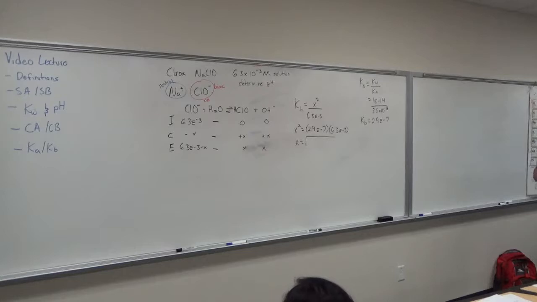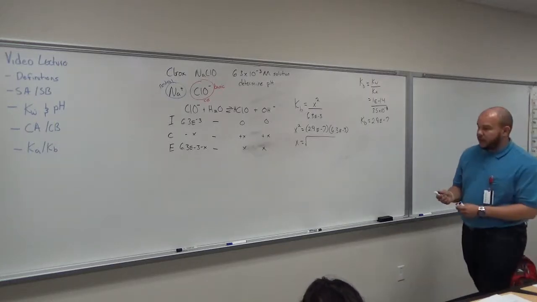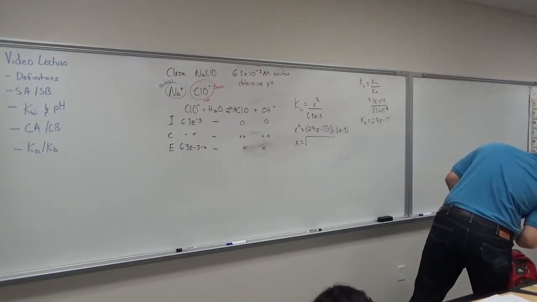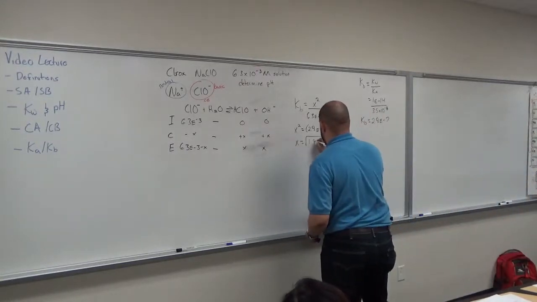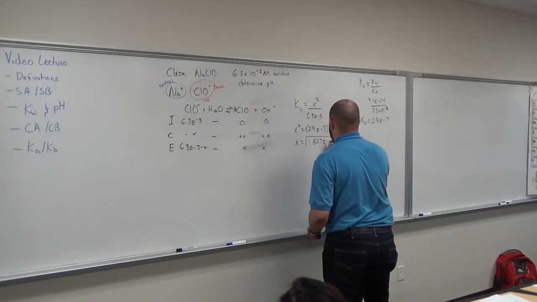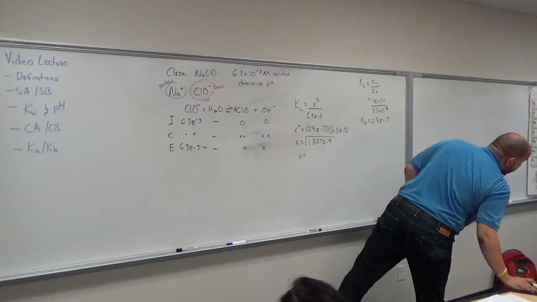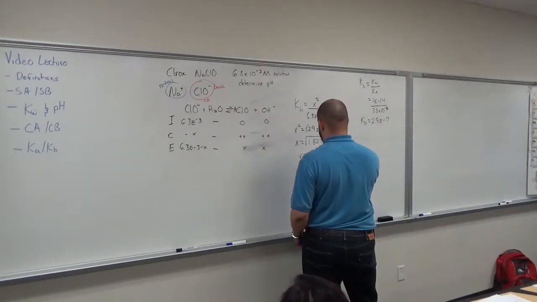Square root, second answer. That should be 1.827 e to the negative 9. So x is equal to 4.27 e to the negative 5.